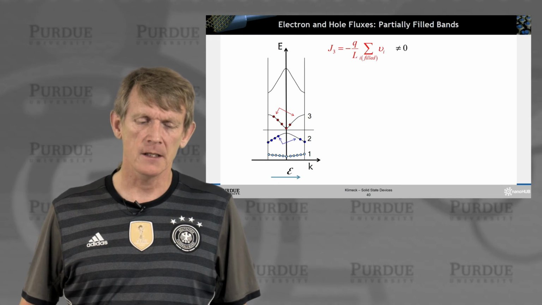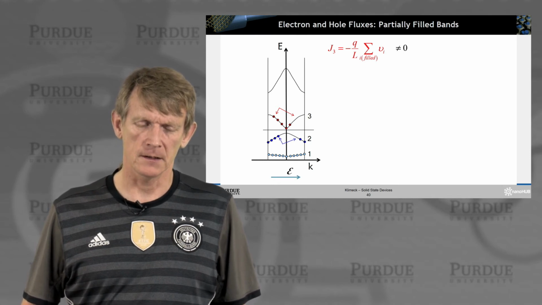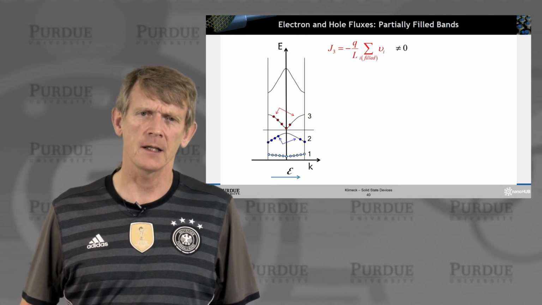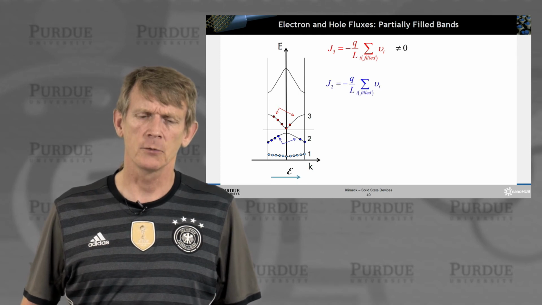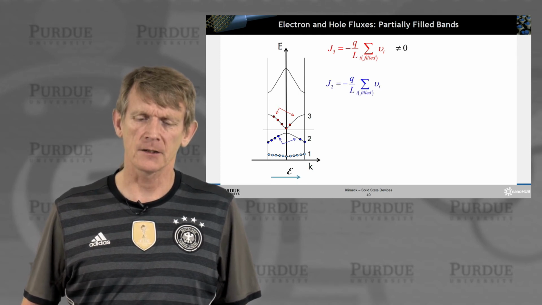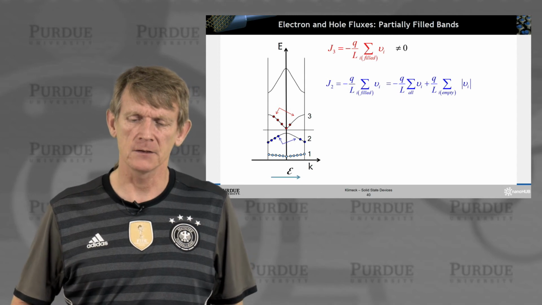Now, similarly, for the holes that are the empty states, you will find an imbalance as well, and you will have an electron flow in these hole bands.